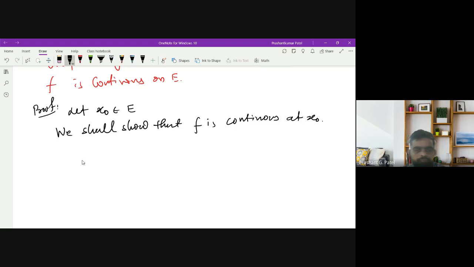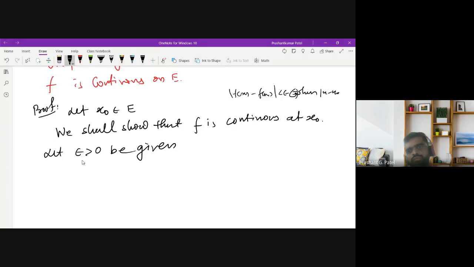If you want to show that f is continuous at the point x0, that means for any epsilon greater than 0 given, we have to prove that mod of f of x minus f of x0 is less than epsilon whenever mod of x minus x0 is less than delta. So I have to find such a delta such that this happens.